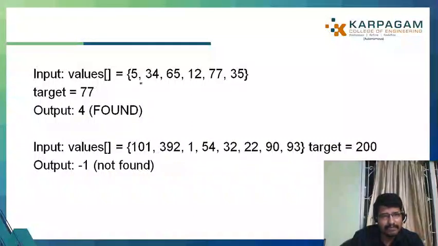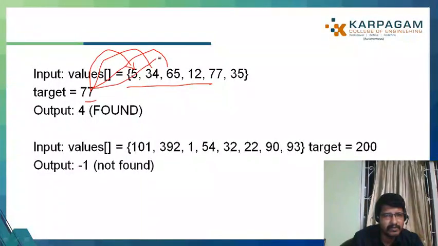Think about an example like this. I'm having an input list and a 77. How will the processing be? 77 will be compared with 5. No. 77 will be compared with 34. No. 77 with 65. No. 77 with 12. No. 77 with 77. Matching.